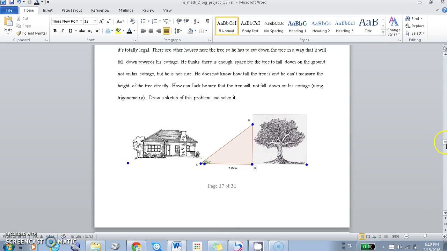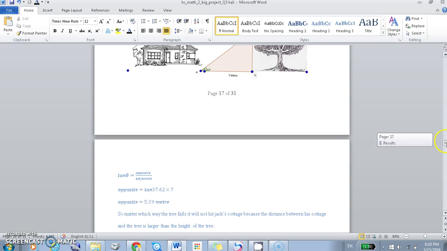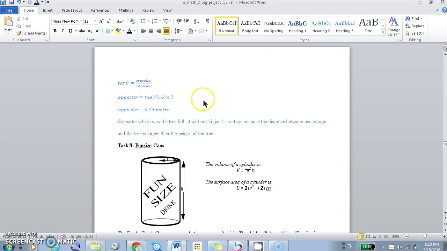So the angle is 37.62, and I use the tan, which is opposite over adjacent, to find the height of the tree. So tan of 37.62 times 7 will be 5.39 meters.